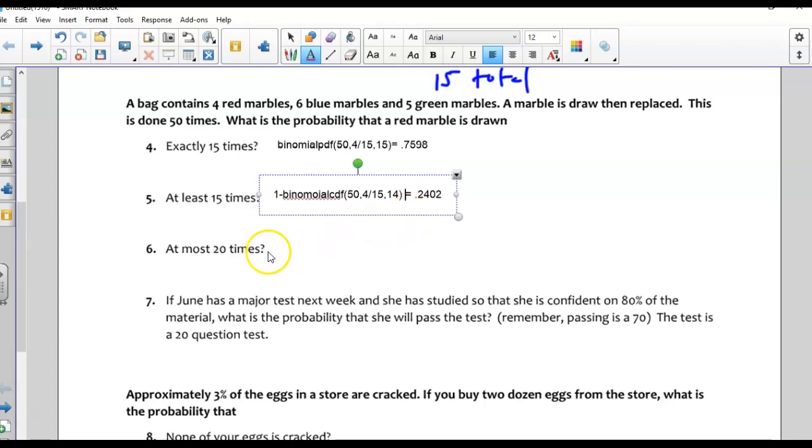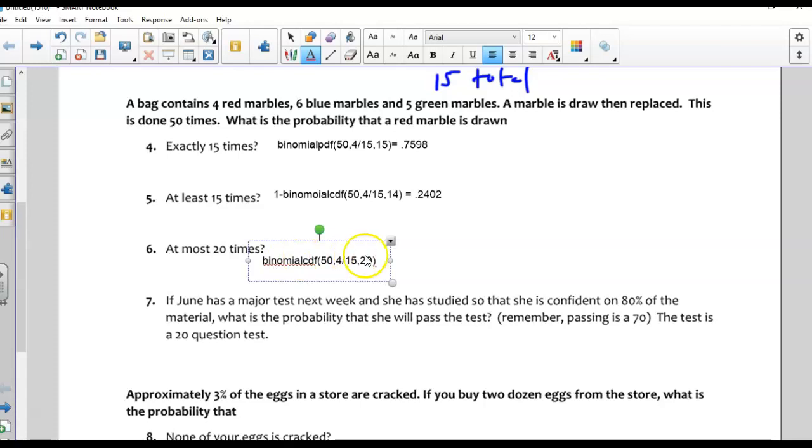All right. And then this one says at most. So at most is going to be a binomial CDF. We have 50 trials, 4 out of 15, and 20 trials, or 20 expected trials.